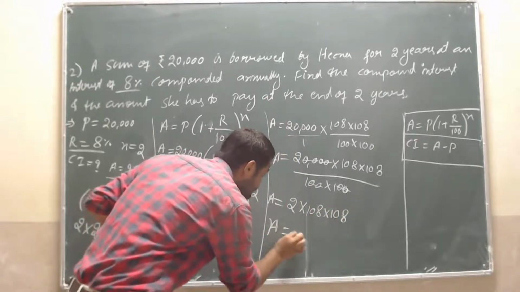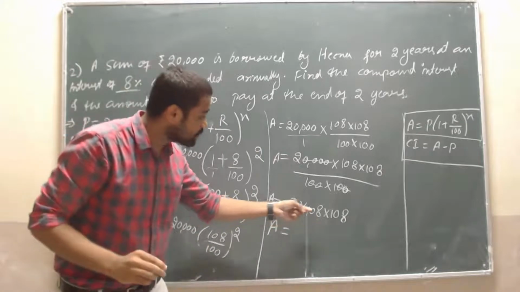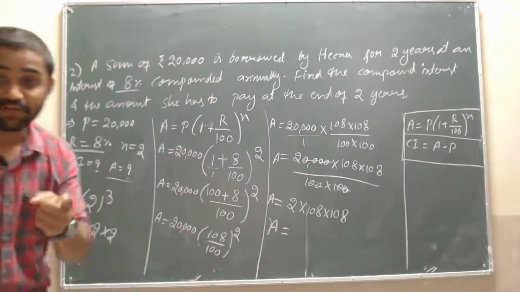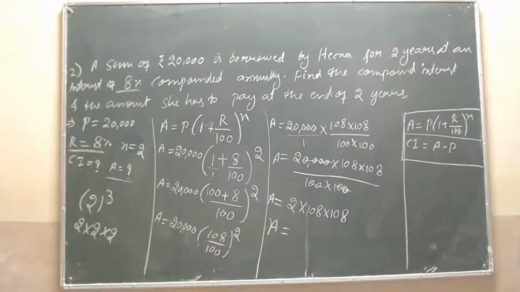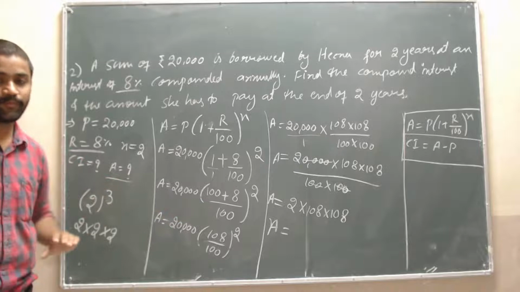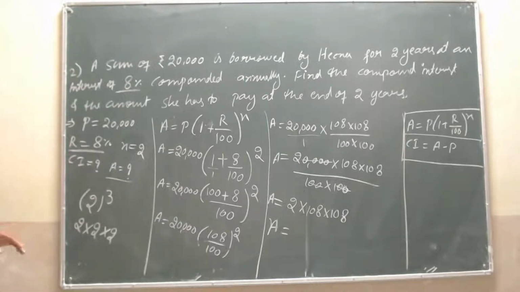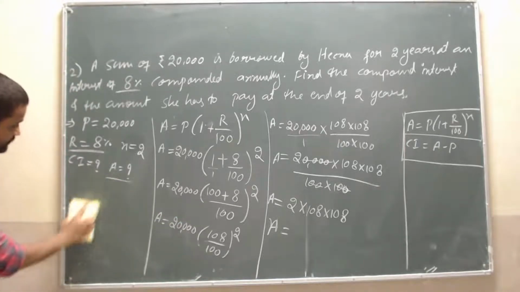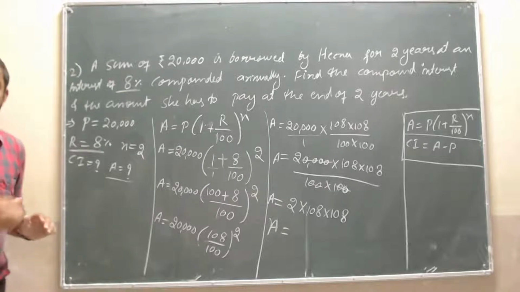Then students, tell me the amount. Multiply 2 into 108 into 108. Tell me the answer quickly. Can anyone, students? 108 into 108 into 2. Yes, very good.